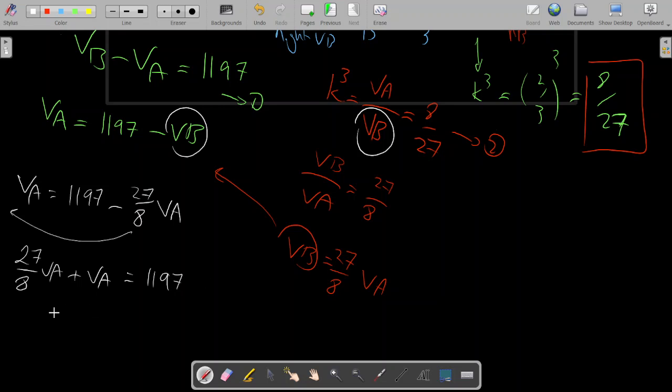I'm going to unify the denominators, so I'm going to multiply by 8 over 8. So it's going to be 35 over 8 VA equals 1197.